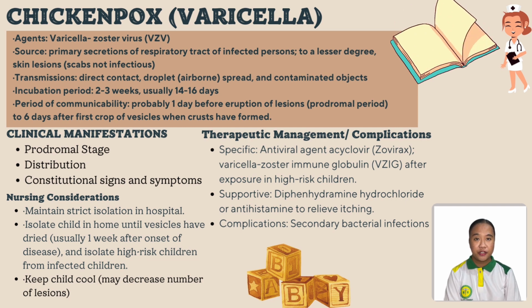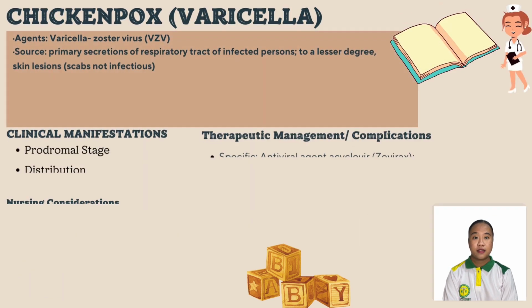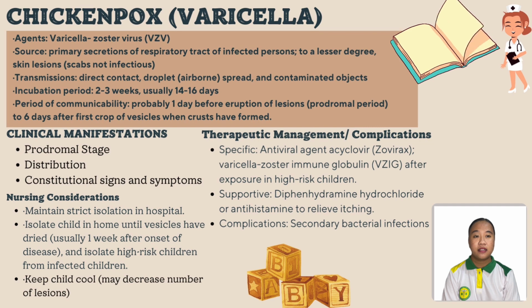Clinical manifestations: prodromal stage, slight fever, malaise, and anorexia for the first 24 hours. The rash is highly pruritic, begins as a macule, rapidly progresses to a papule and then vesicles surrounded by an erythematous base, becomes umbilicated and cloudy, breaks easily and forms a crust, present in varying degrees at one time.